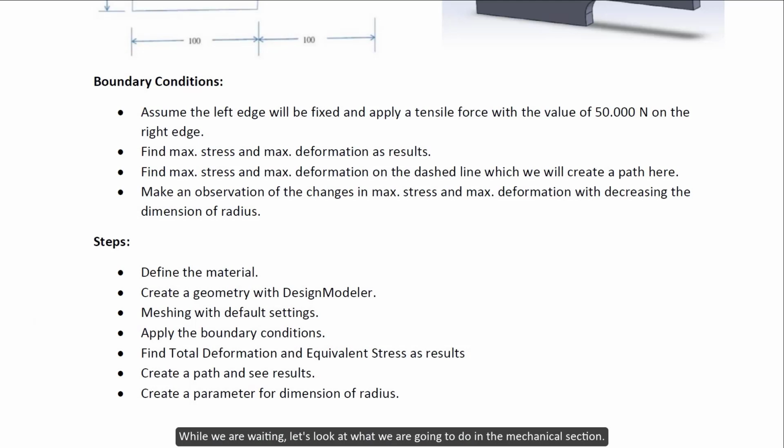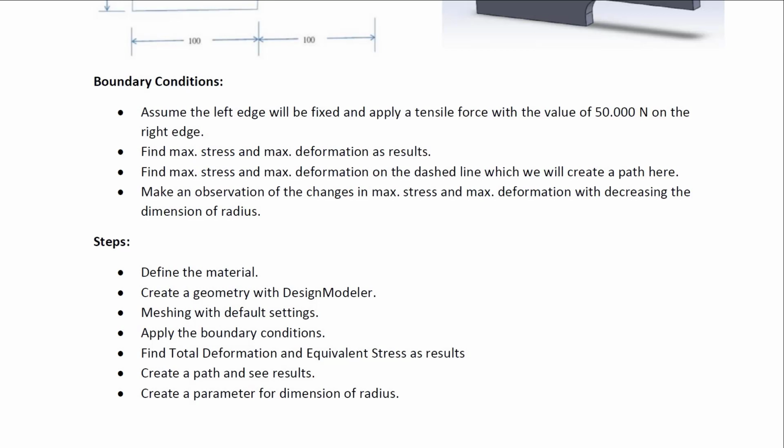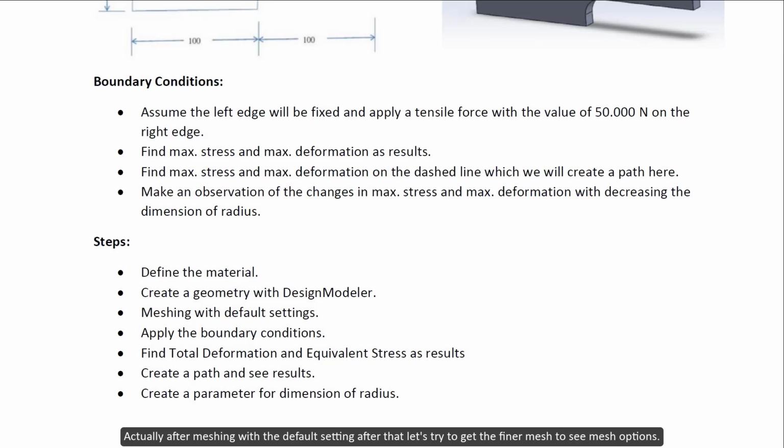While we are waiting, let's look at what we are going to do in the mechanical section. Mesh with default settings and apply boundary conditions. The boundary condition was the left edge is fixed and the opposite face has a tension load. And actually, after meshing with the default settings, let's try to get a final mesh to see mesh options.